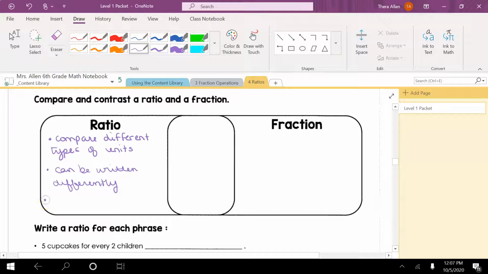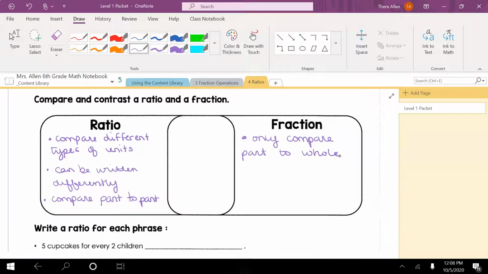And with a ratio, you can compare a part to a part. But when you are comparing in fractions, you can only compare part to whole. Now you can compare part to whole for both, but with a fraction, that's the only way you can do it.